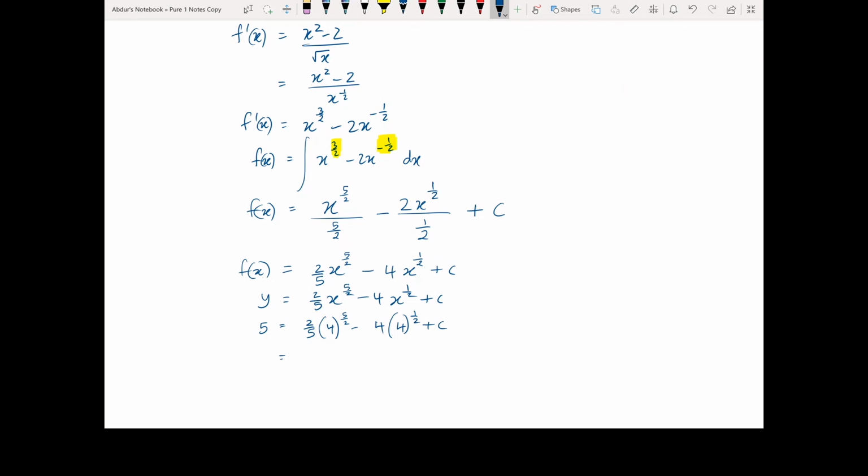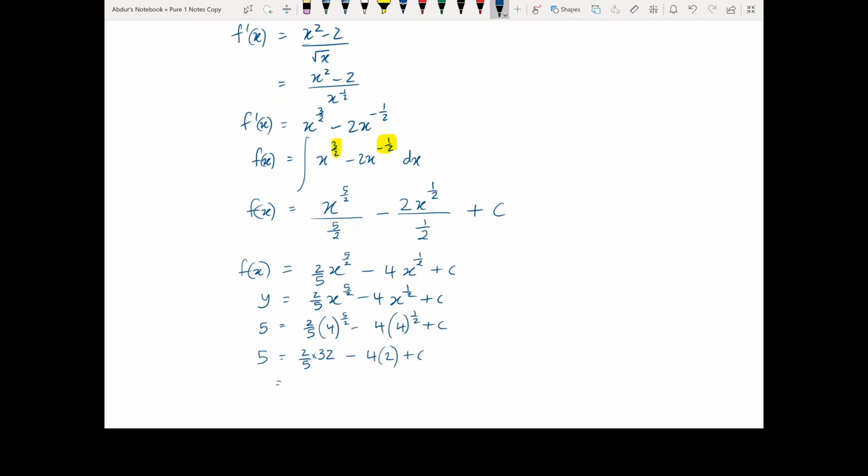So if we find out what this gets us, we've got here 5 is equal to 2/5 of 32 minus 4 lots of 2 plus c.